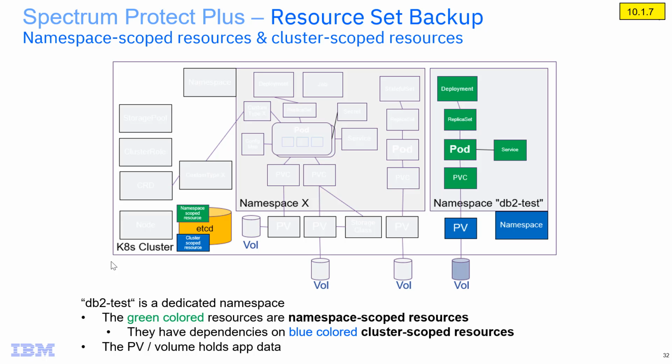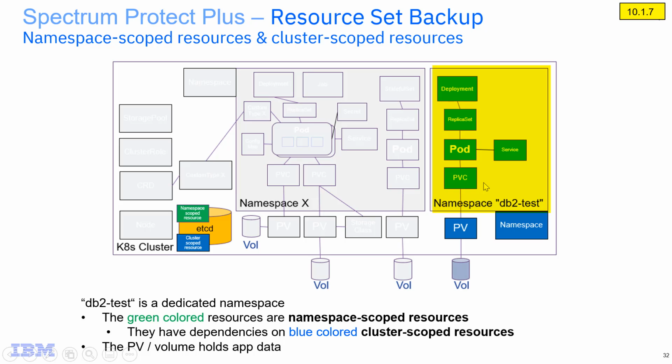The first thing I want to talk about is different levels of resources. So here I have this cluster, and you can see inside of this cluster I have my master roles, which would have a lot of the information that would be specific to controlling and managing the components of that cluster. So that's here on the left-hand side. And then I have two specific namespaces that are probably dedicated to specific applications.